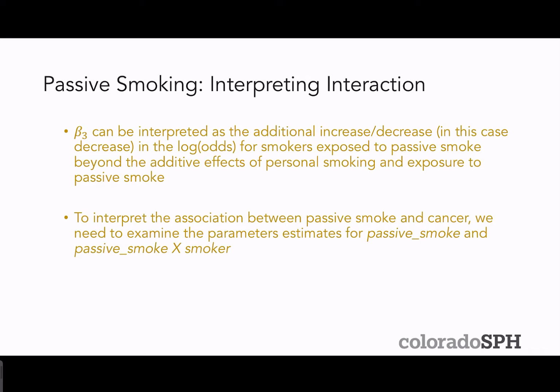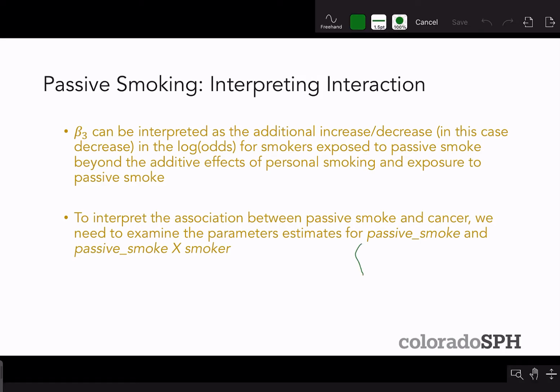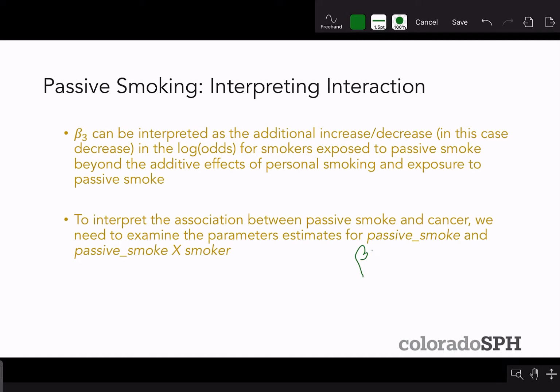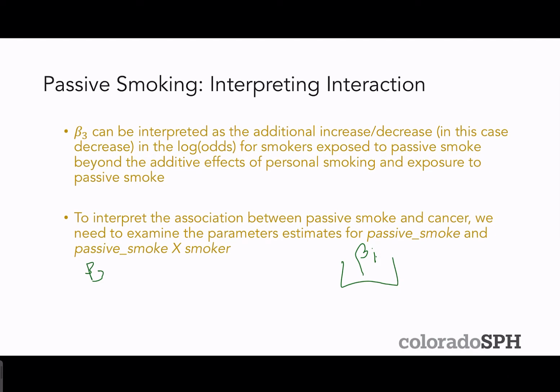And to interpret the association between passive smoke and cancer, we need to examine the parameter estimates for both passive smoke, that is beta 1, and the parameter for the interaction term, beta 3. We can't just interpret beta 1 anymore because beta 3 is in the model and depends on passive.